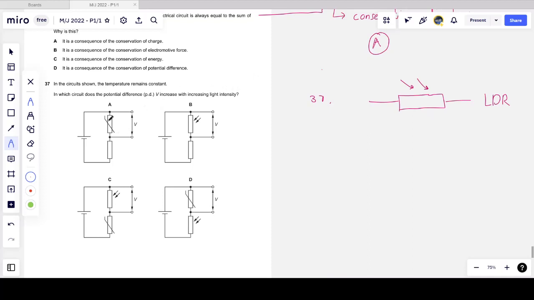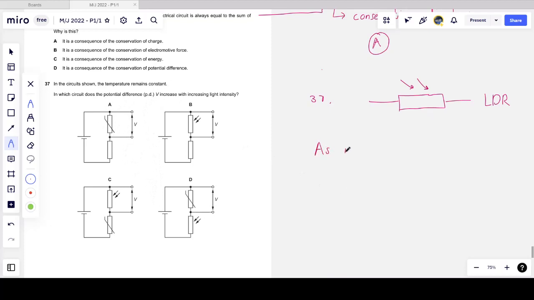Now we're also given thermistors. A line that changes direction like this is the symbol for a thermistor. Now the light intensity increases on all of these circuits, but in only one of them does the potential difference V, which is the potential difference across the resistor at the top, increase, and we want to know in which circuit this occurs.